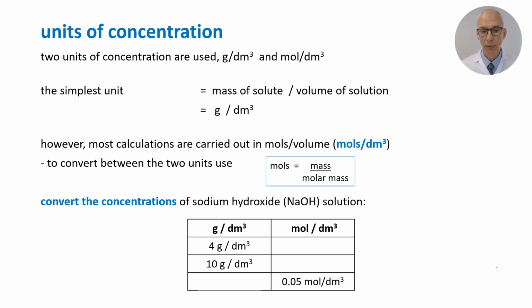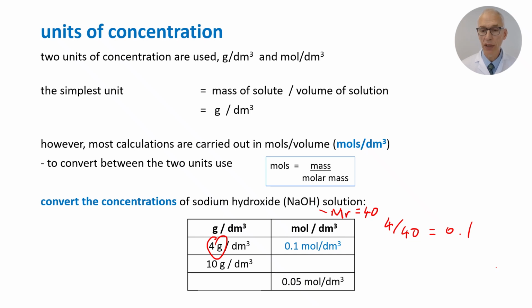Okay, so let's have a look at the first one. Well, we've got 4 grams. We need to convert that into moles. So that's 4 divided by 40. The relative molecular mass of sodium hydroxide is, of course, 40. So that equals 0.1. So our concentration is 0.1 moles per decimeter cubed.